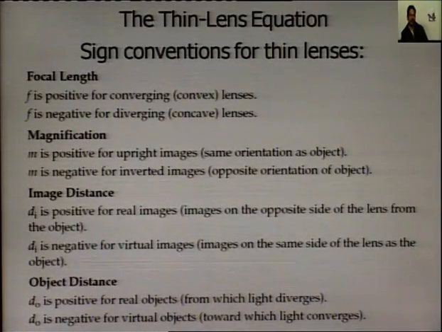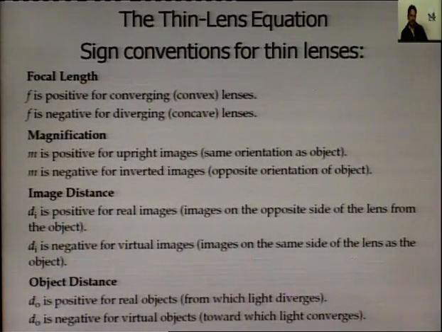In case of inverted images, the object and image are on opposite sides of the principal axis. One is above the principal axis and the other is below it. So for inverted images, the magnifying power is negative.